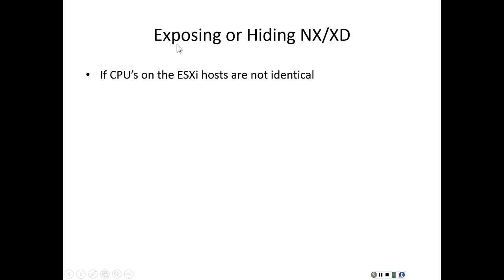These are parameters which are configured on the BIOS and which configure the CPU. So if the CPUs on ESXi hosts are not identical, we want them to appear to be identical to the virtual machines. And the way we do that is by hiding the NX/XD feature.